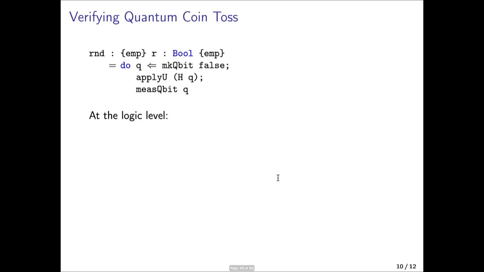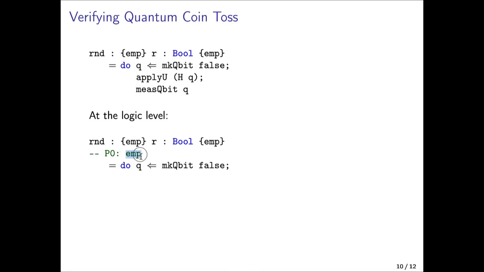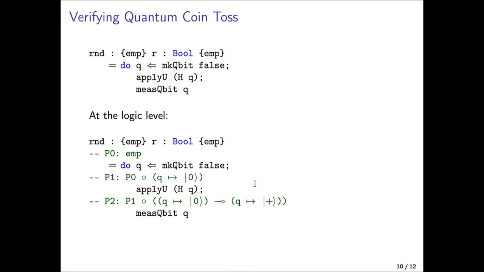So let's look at the next example as well. And the first step is the same. You start out with an empty heap, then you create a new qubit, which will change the heap to q pointing to 0. And then there's a new operation here where we are applying Hadamard. So even though we did not see the rule, we expect it to be something like this.